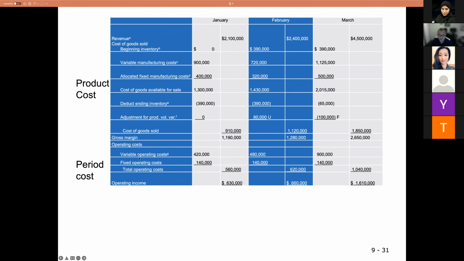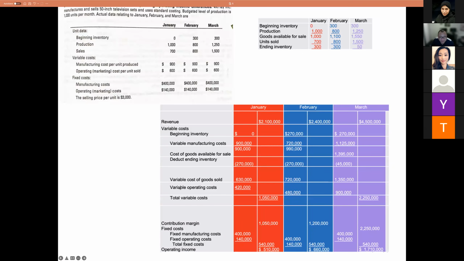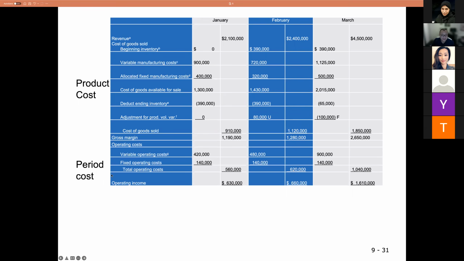It has two components, variable and fixed. The variable part we have already calculated: 420, 480, 900. Remember this number? We calculated it already from here. The fixed operating cost is 140 everywhere.